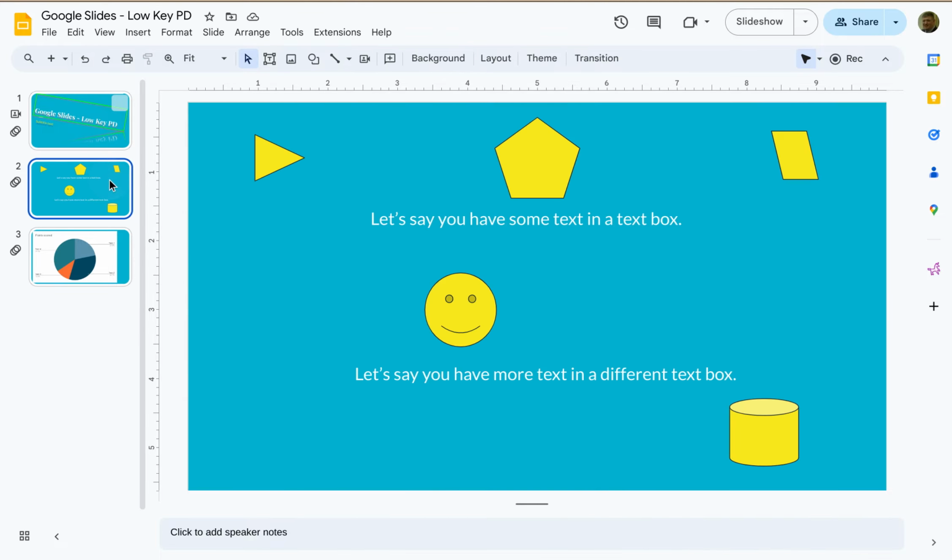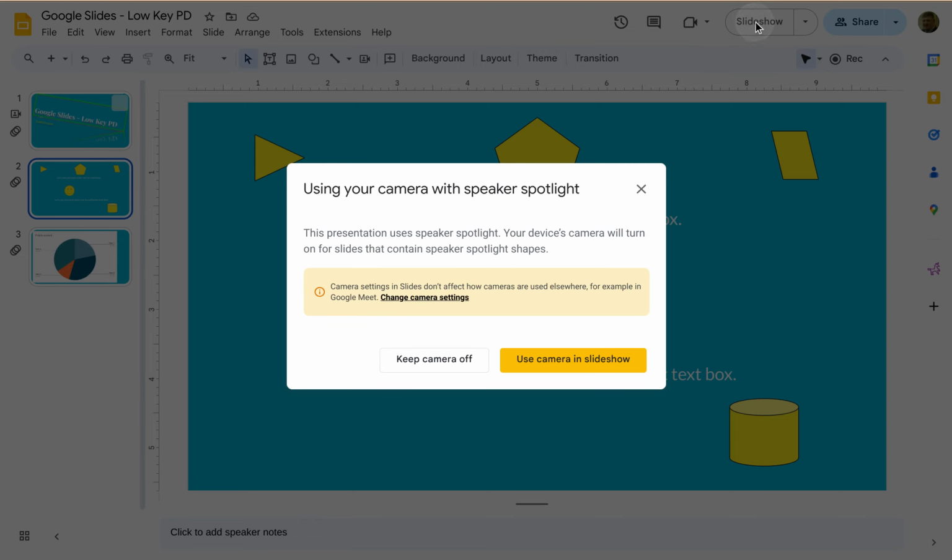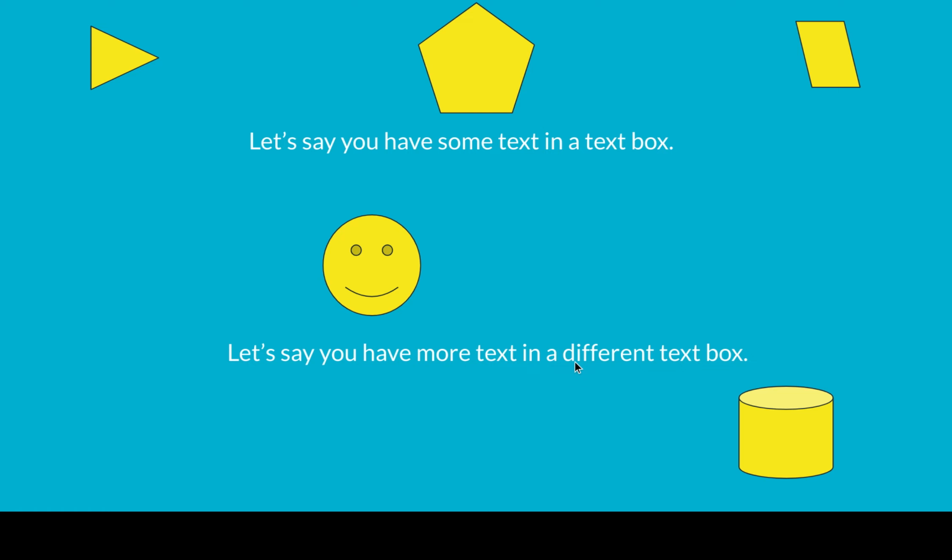If I go to a different slide and I go to Slideshow, even though the tool is enabled, it's only enabled on that one slide.